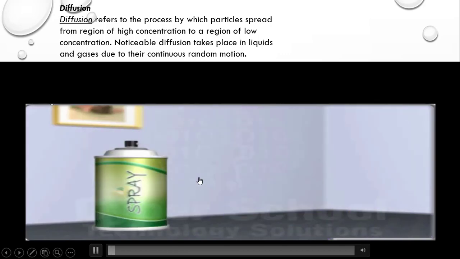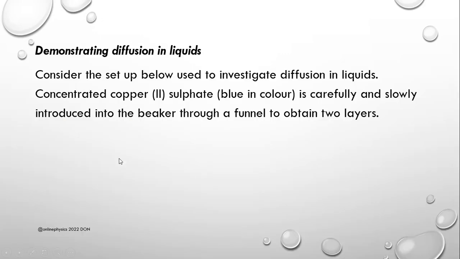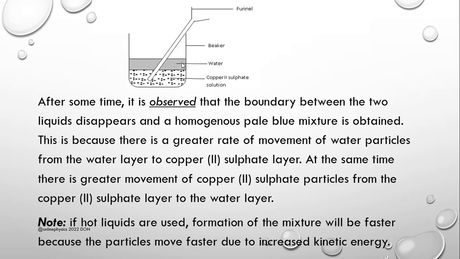Then moving from that part, we can talk about demonstrating diffusion in liquids. We first consider the setup below used to investigate diffusion in liquids. We have concentrated copper 2 sulfate, blue in color, which is carefully and slowly introduced into the beaker through a funnel to obtain two layers.